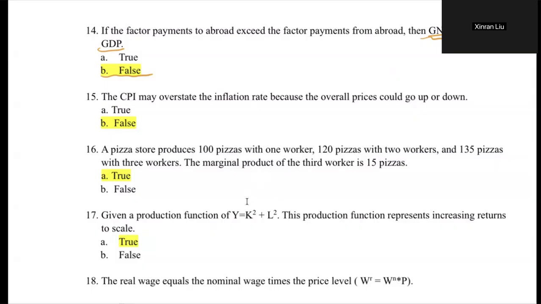It's also about some structural bias, like the substitution bias, or new goods bias, or quality change bias, not the price change. Okay, there's no causal relationship between the price and the CPI.